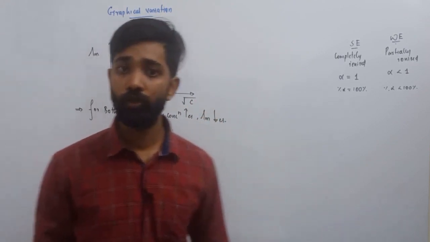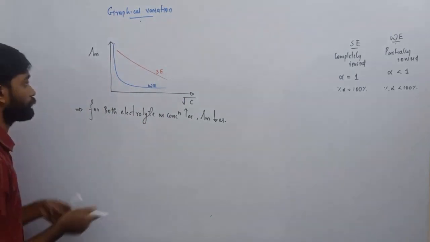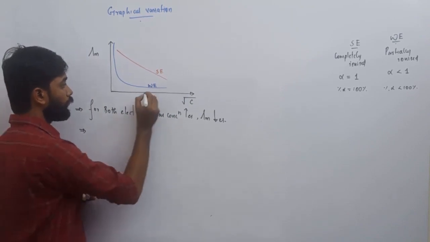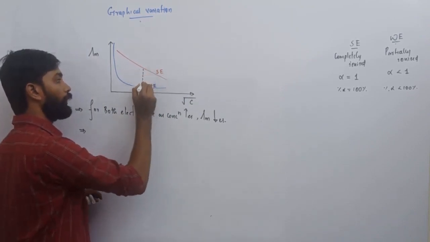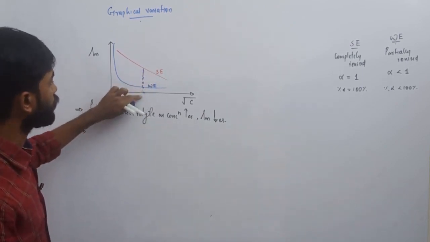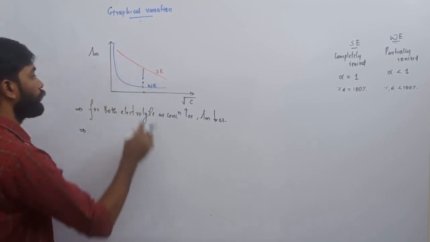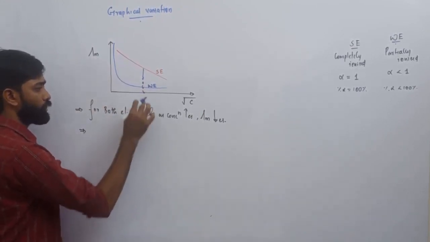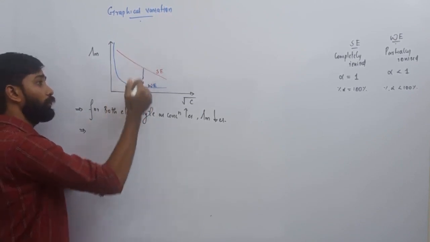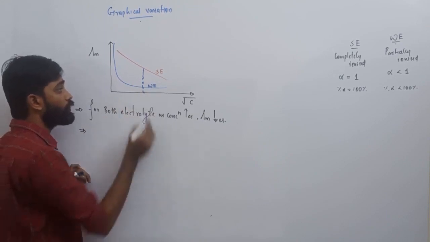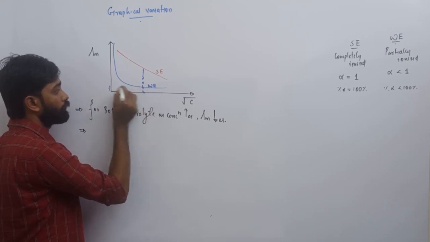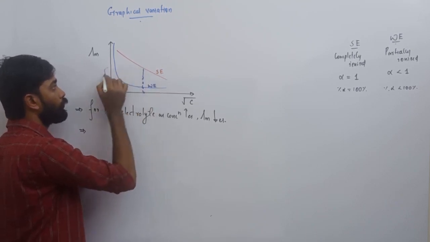Simply looking at this graph, at a particular, high concentration, the molar conductance of a strong electrolyte is different. In this typical concentration, the curve of WE is below the curve of SE, which means for this concentration, the lambda m of WE is this much, whereas the lambda m of SE is this much.